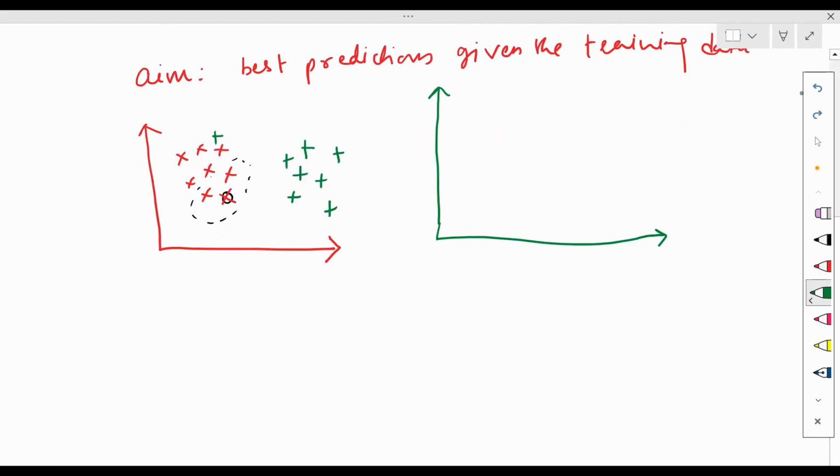Let's say we want to predict whether a person may buy a house in the upcoming year or not. So on the x-axis, we have his or her salary, and on the y-axis, we have his inherited wealth.